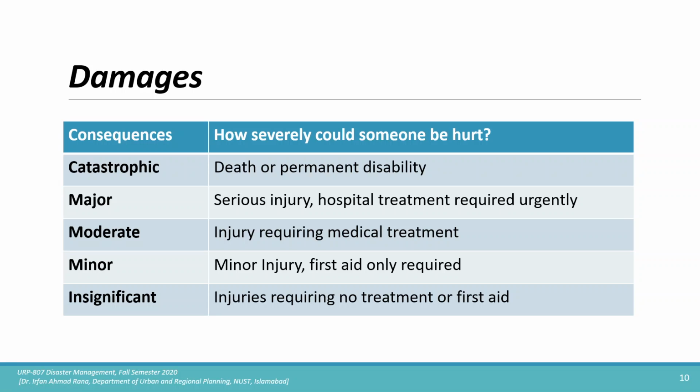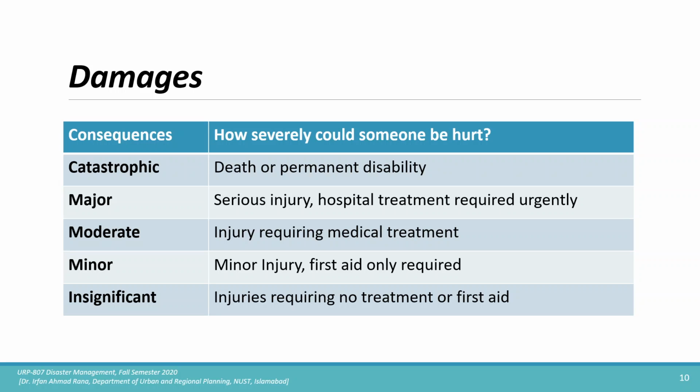Damages. Now, to assess a hazard, we are doing a hazard assessment before it has happened. So damages are assessed, or threat or severity is also assessed, using the potential damages a particular hazard can cause. Will it be catastrophic?